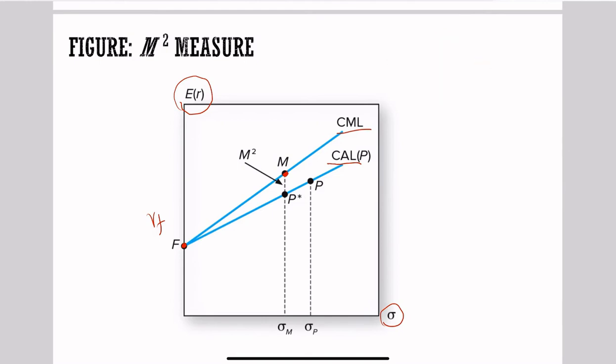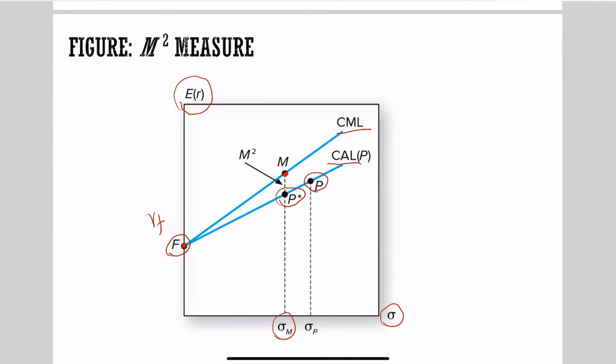Now let's see how you find out this M-squared measure. What you do is you construct this P star here. You can see that this P star is constructed by mixing the risk-free rate and this portfolio P, because P star is on the line connecting the risk-free rate RF and portfolio P. By mixing P and the risk-free investment, we have a portfolio whose volatility is the same as the market portfolio.